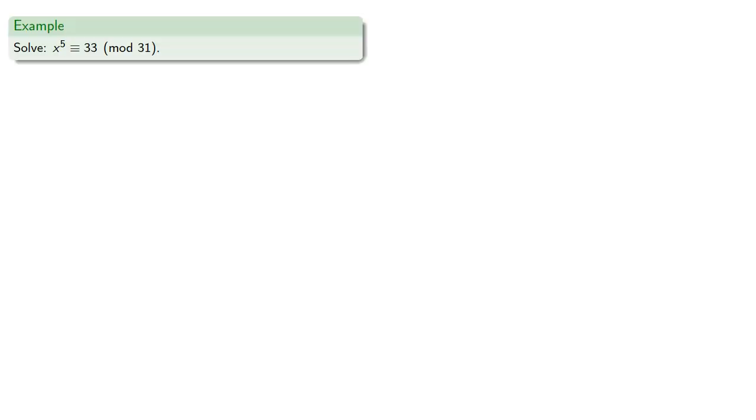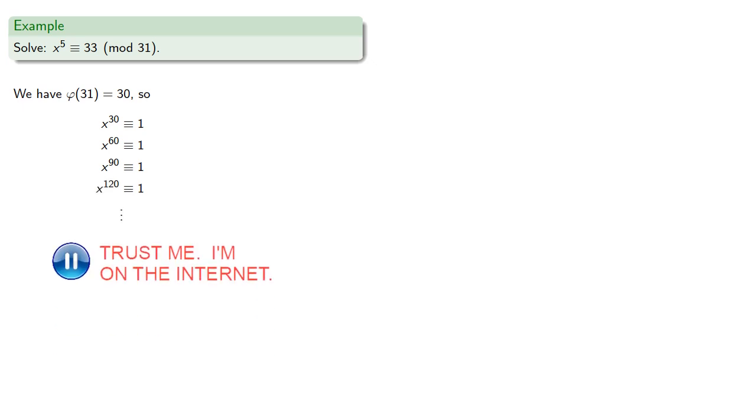So we've seen a couple of cases where it does work. Let's take a look at one where it doesn't. We want to solve x to the fifth congruent to 33 mod 31. We find phi of 31 is 30, and so x to the 30th is congruent to 1, x to the 60th is congruent to 1, x to the 90th is congruent to 1, and so on.